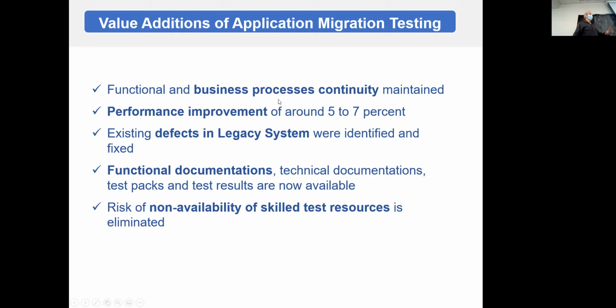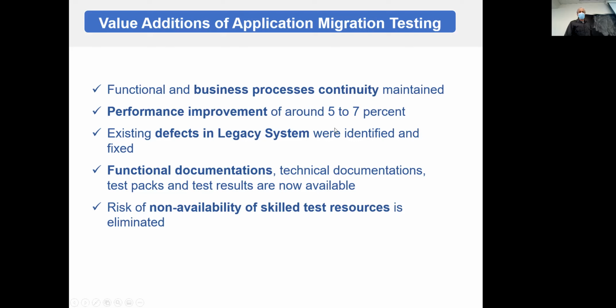But really the goal is, we want to keep our business going, right? At the end that comes. But what one observes is that by implementing migration testing properly, you can have performance improvements of around 5 to 7% overall in the system.